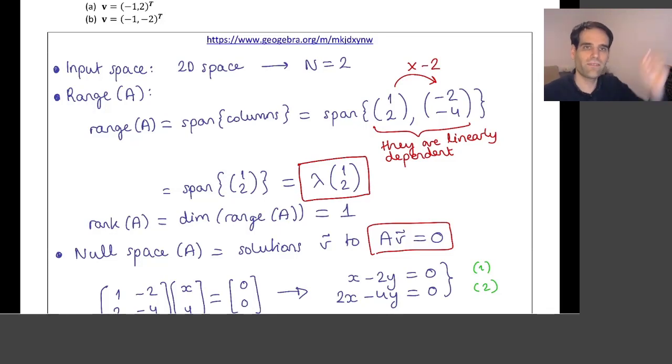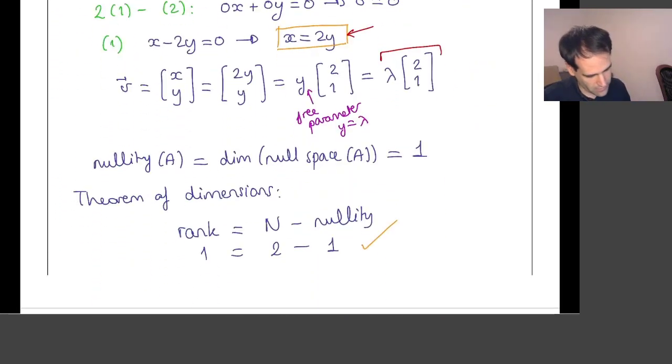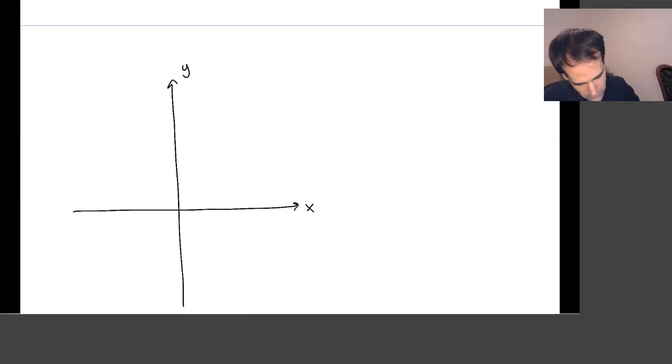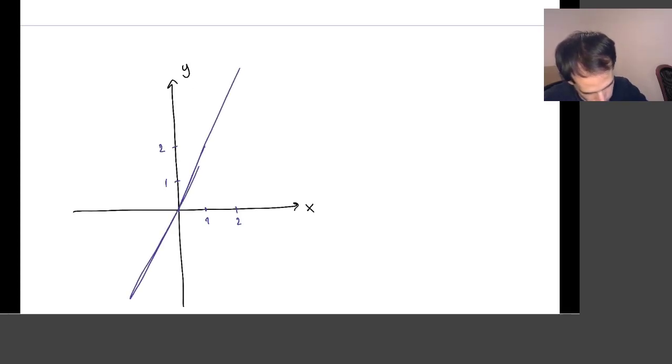This is the parametric equation of a line crossing the origin and parallel to the vector (1, 2). So if this is 1 and 2, a line parallel to the vector (1, 2), that is the range. So this infinite line is the range of A.